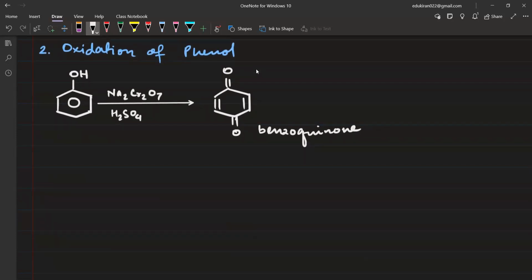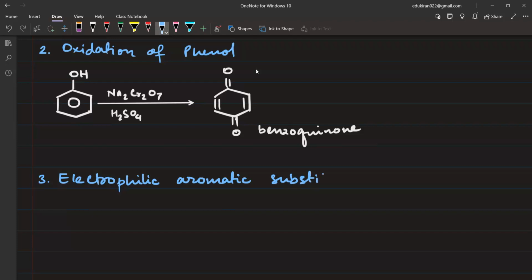After this, please write electrophilic aromatic substitution. In electrophilic aromatic substitution, we are going to do bromination, nitration, sulfonation, these.